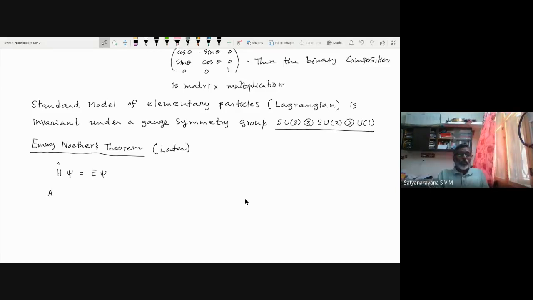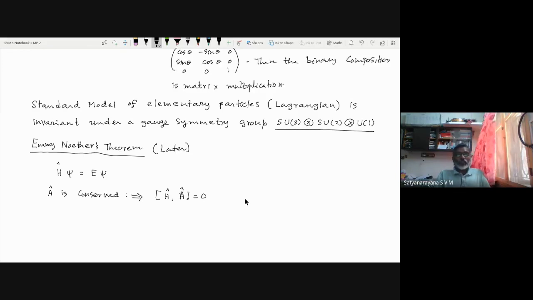So there is another property A, and let's say this property is conserved. Okay. Now, if this property is conserved, that means you can say that the commutator of H with A will be 0. So some conserved quantity is there, means its commutator with H will be equal to 0.